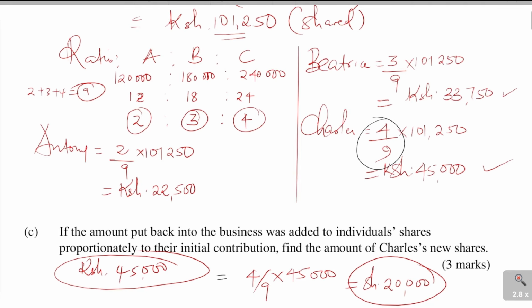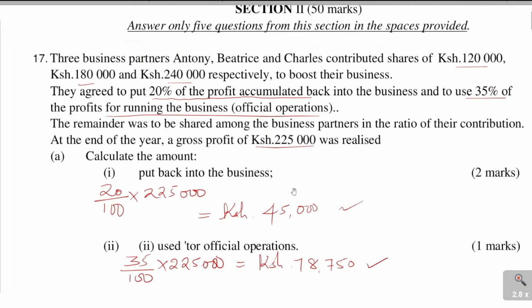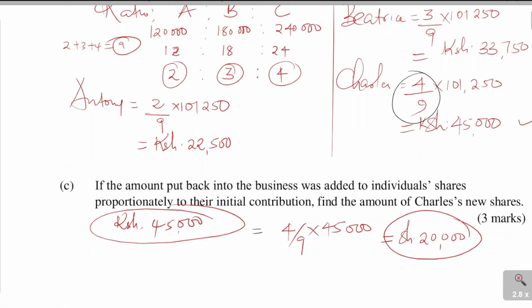Now the question is, find the amount of Charles' new shares. So remember the initial shares that each of them contributed were 120,000, 180,000, and Charles had 240,000. Those were the initial shares.